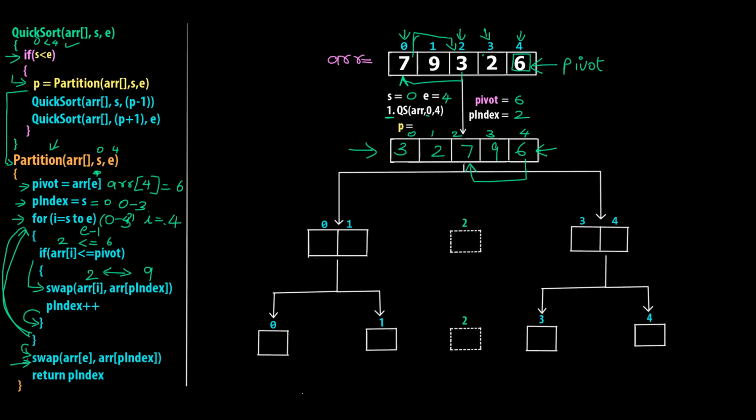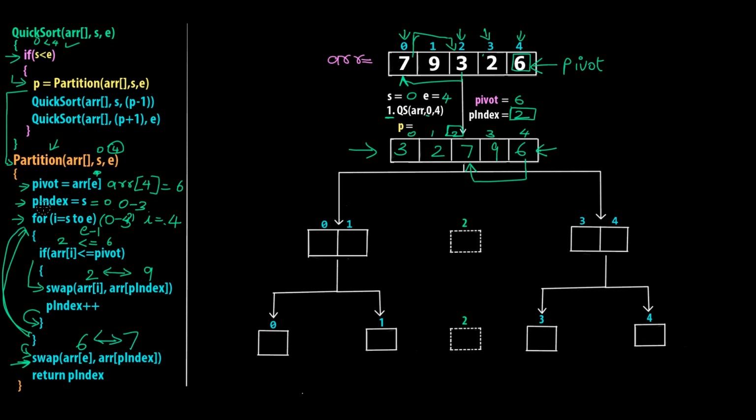So this last swap is saying swap ARR of E. What is ARR of E? E is the last element, which is the pivot value 6. So swap 6 with ARR of P index. Now remember P index has come to the point of 2. So we have index position 2 over here, that is 7. So 6 and 7 are now swapped.